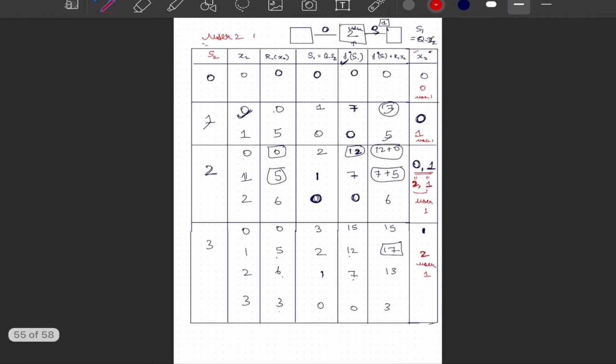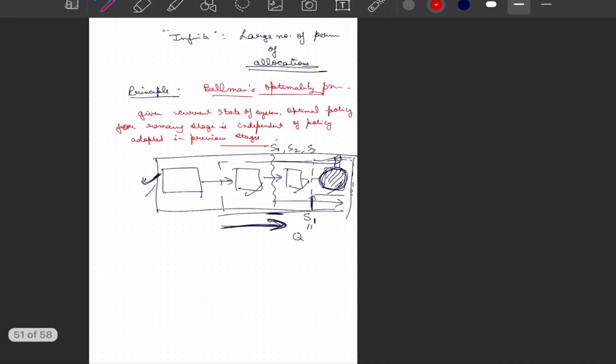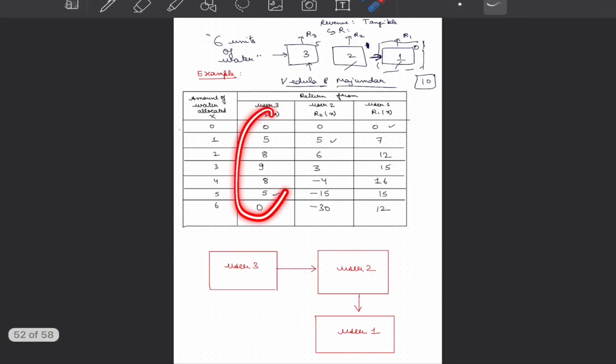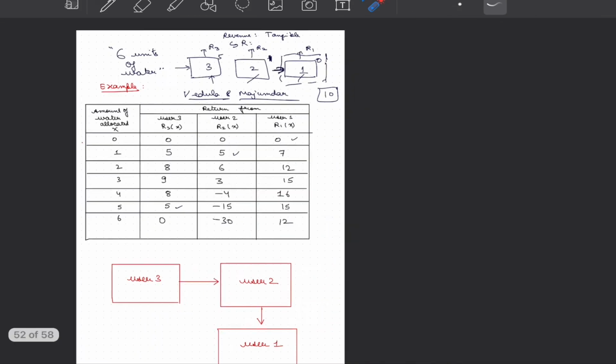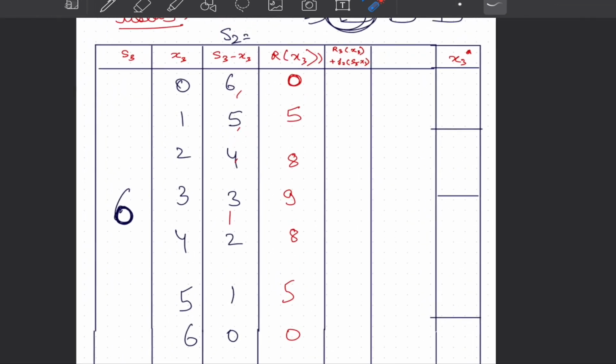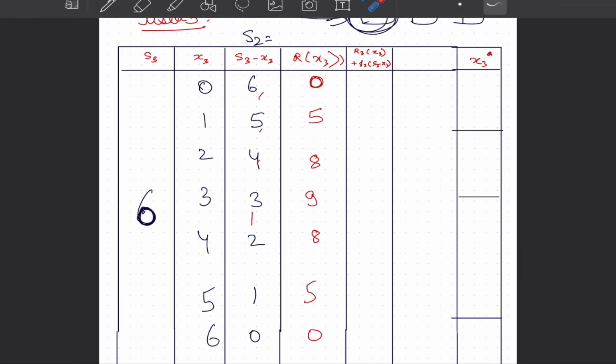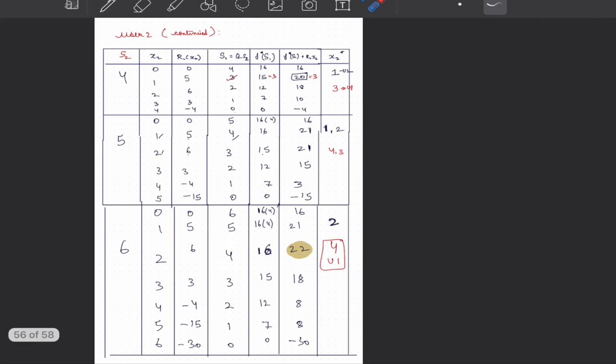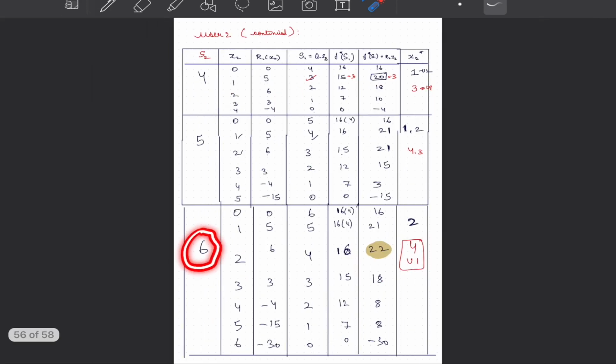If we talk about 0 allocation to user 3, our return is going to be 0. If we talk about an allocation of 1 for user 3, our returns are going to be 5, 8, 9, 8, 5, 0. All these come from the same column where I had the initial costs mentioned. So I'm just writing all these values into our column here.